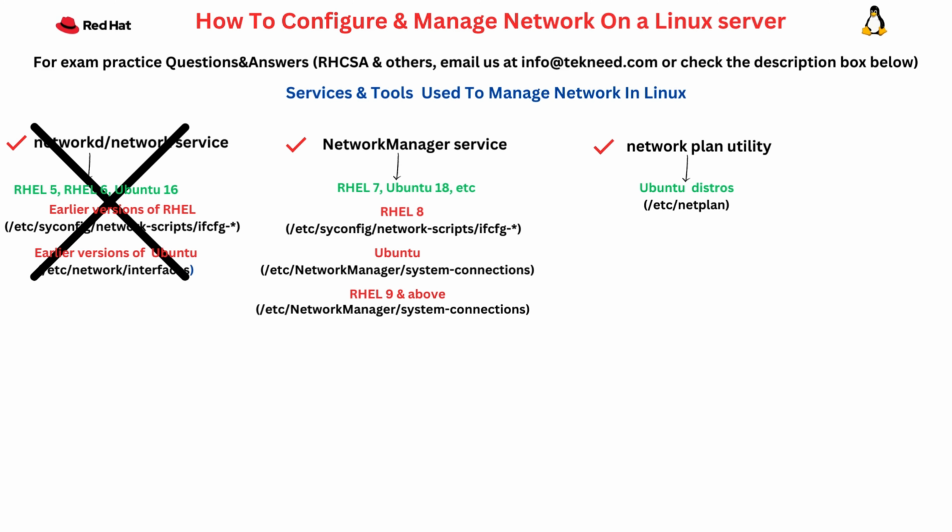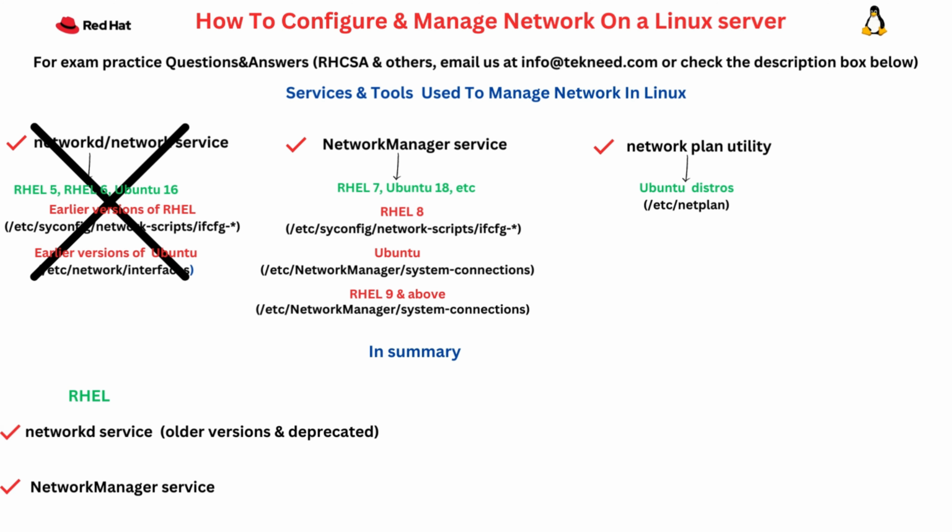So in summary, for Red Hat distribution and its derivatives, the services responsible for network configuration and management are the Network D service, which is the older version, and the Network Manager service, which is the newer version.